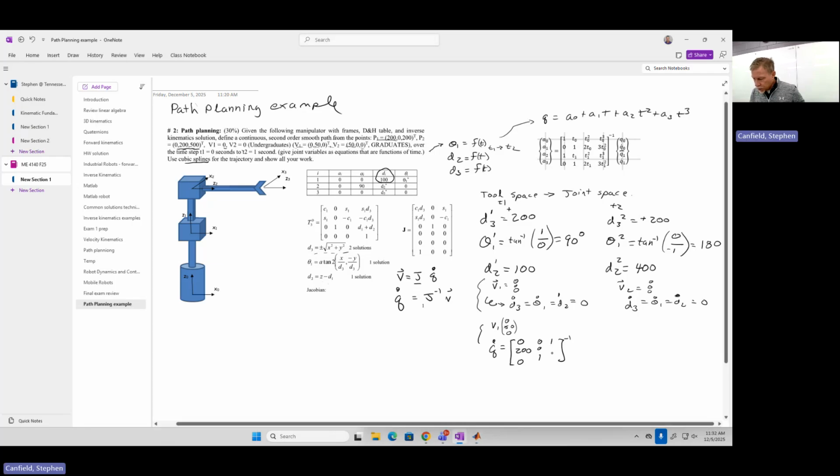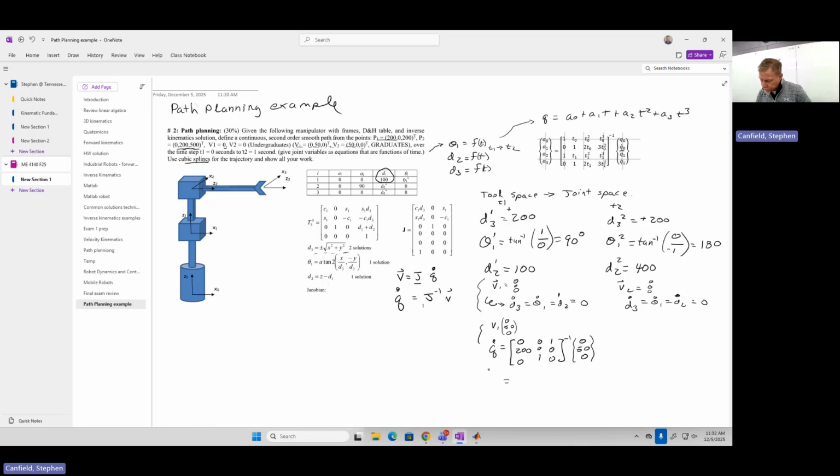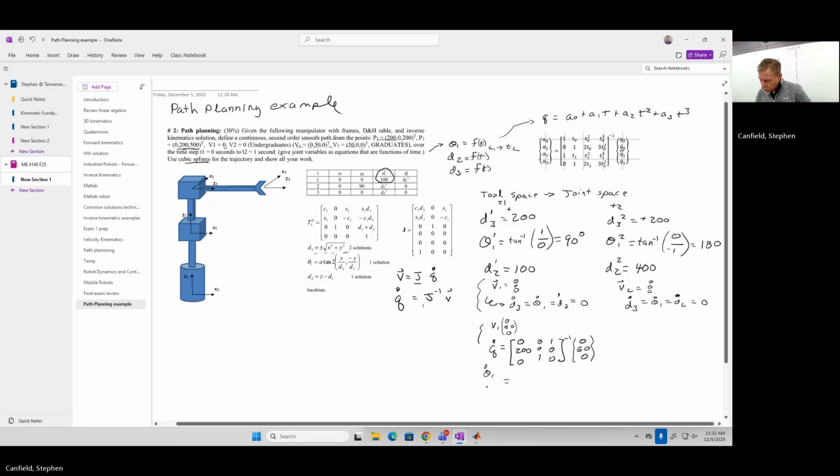Cosine of theta 1 is 0. And then 0. So I've got to take the inverse of that times my V, which is 0, 50, and 0. That'll give me my Q dots, or excuse me, my theta 1 dot, D2 dot, and D3 dot.